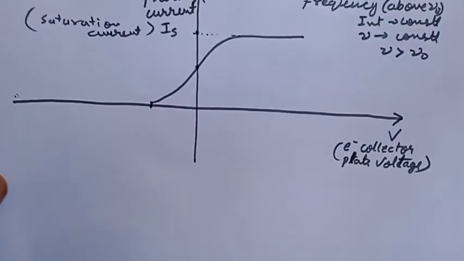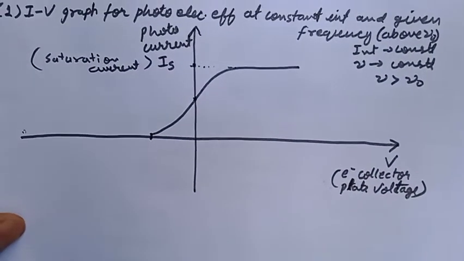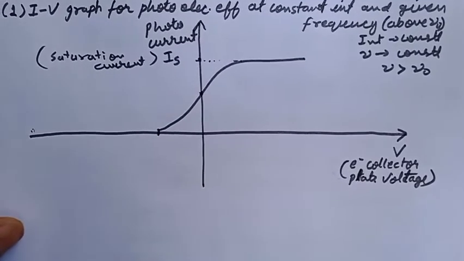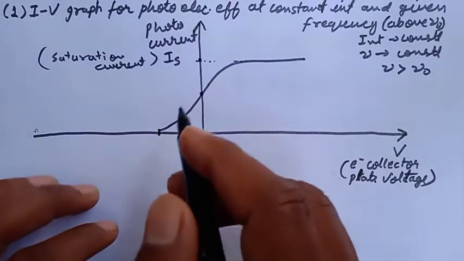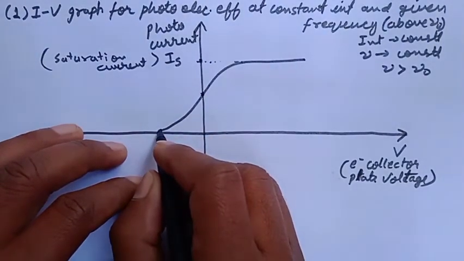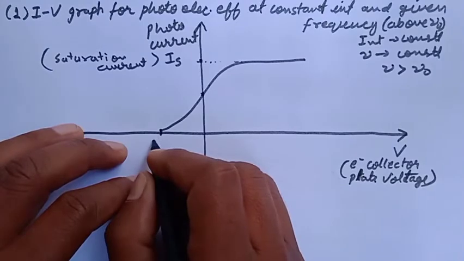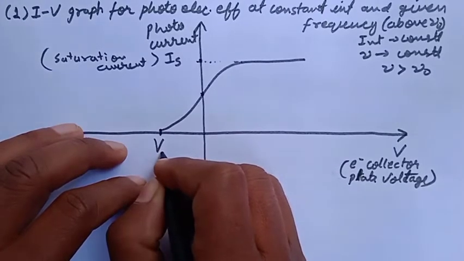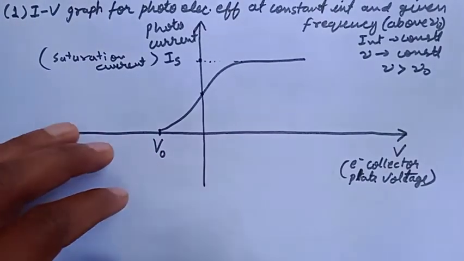In the same way, if we make the plate potential negative, there is still some current, and that current becomes zero at a particular potential called the stopping potential.